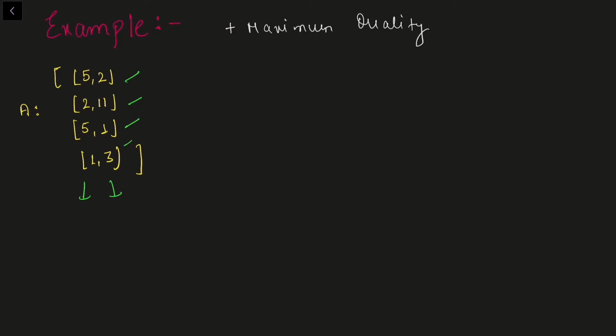So in order to do so, we can see that out of these 4, 5 comma 2 and 5 comma 1, these two elements are the ones which have maximum quality, and that is 5 at this point of time. So out of these two, if I need to maximize the quantity, which one am I going to choose?